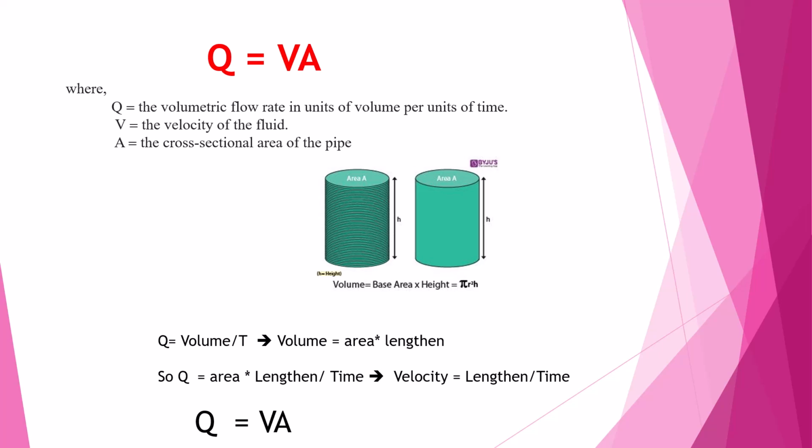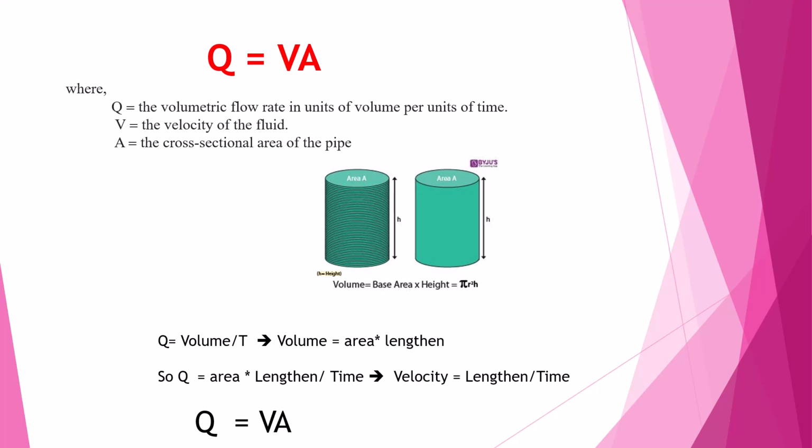Okay, we know the flow rate is Q equals volume divided by time. Volume equals area times length. So Q equals area times length divided by time. Velocity equals length over time.